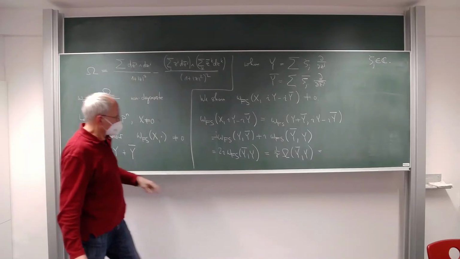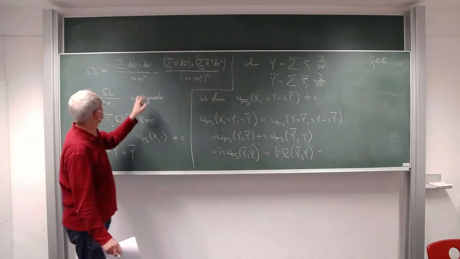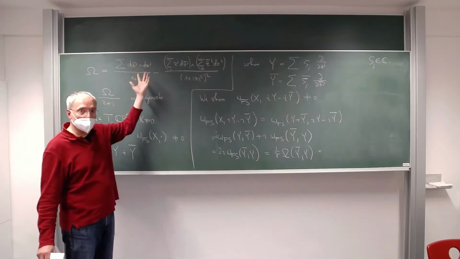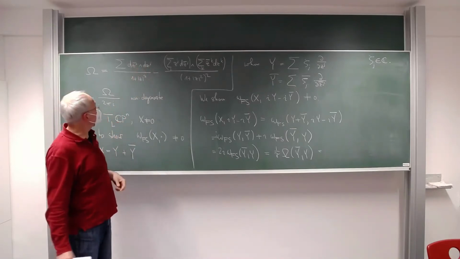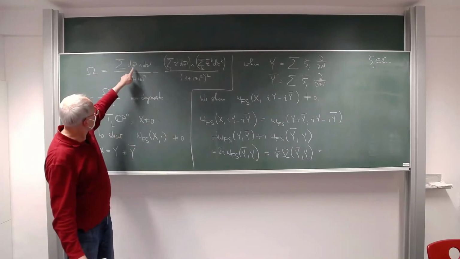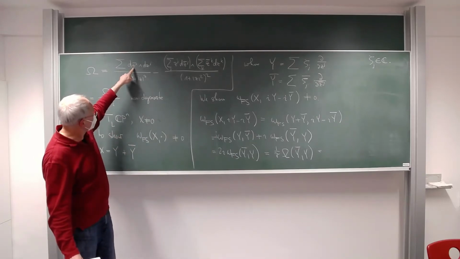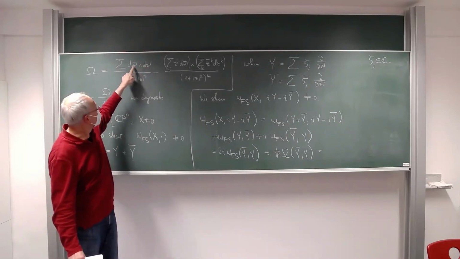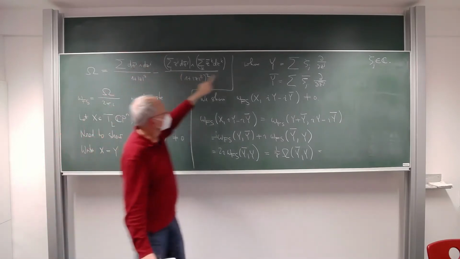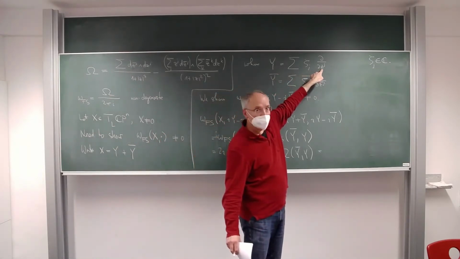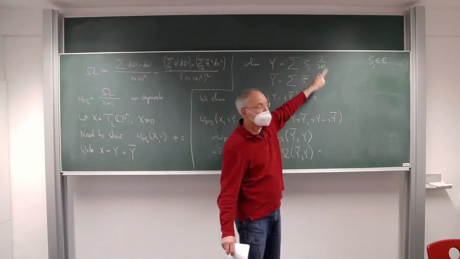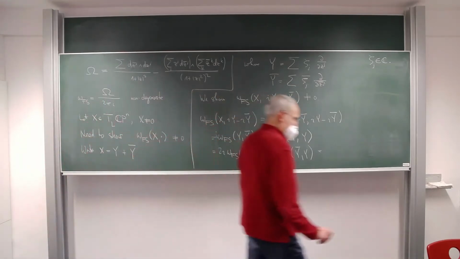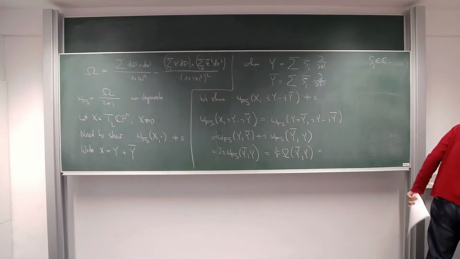If I plug two vectors into a two-form, I have to plug in the vector here times the vector here, and minus the other way around. But in this case only one thing survives, namely I have to plug the y bar into this term and the y into that term, otherwise it gets 0 anyway. If I insert the y here in this term, then I don't have anything which would give me a non-zero thing. So that makes it easy to do the computation now in these bases.